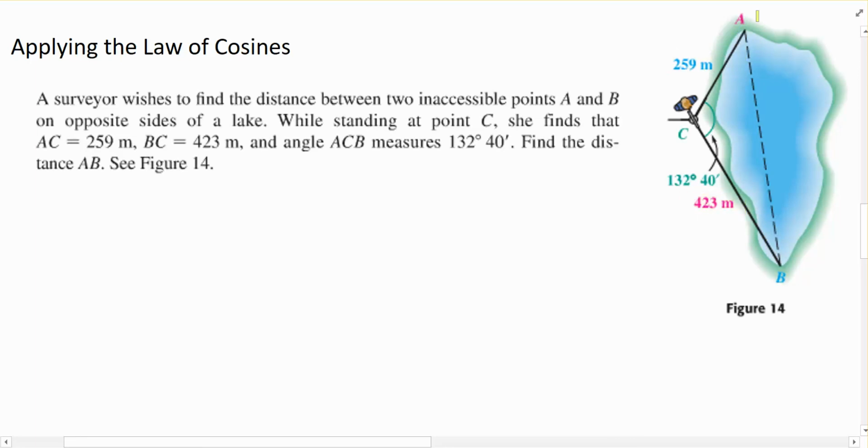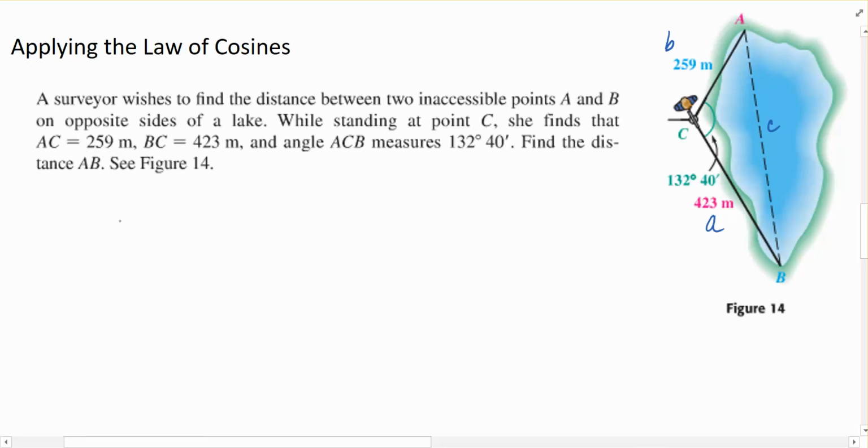So the other option is the law of cosines. I'm going to call this side little c, since this side is across from angle B I'll call it little b, and this is little a, just to put it into the formula more easily.